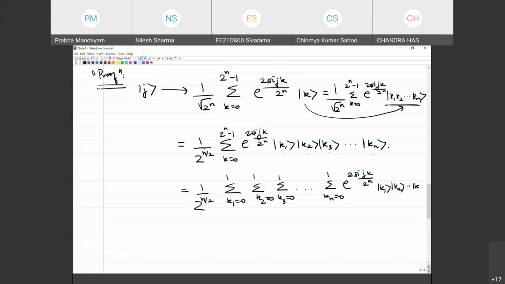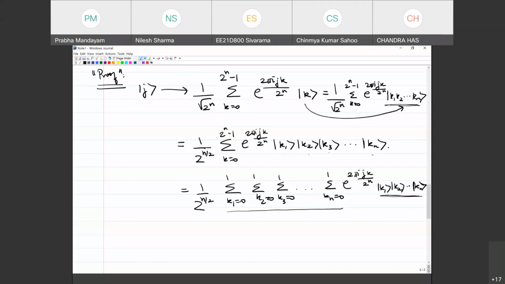kn. So now the game is to consider, so if I want to now break down this sum, right, it is still a sum over all the n bits, and what is sitting here is a tensor product. But if I now want to pull out each ki somehow and make it into a product form, then I must look at where are the exponents where those ki's matter, or where those ki's figure, right?